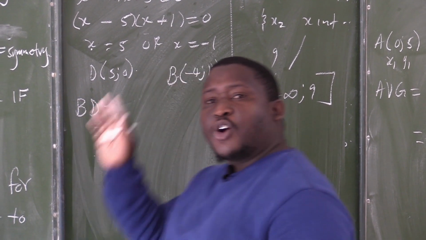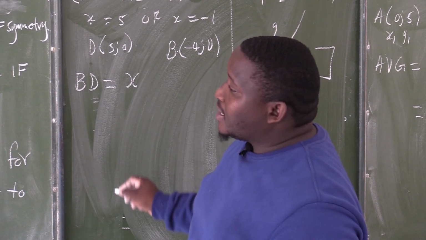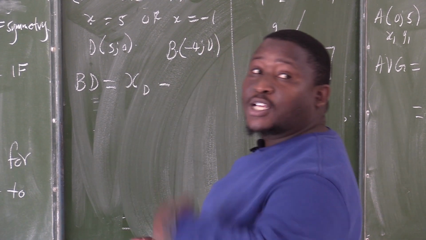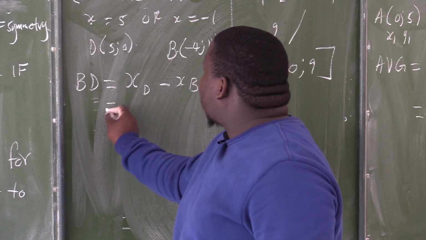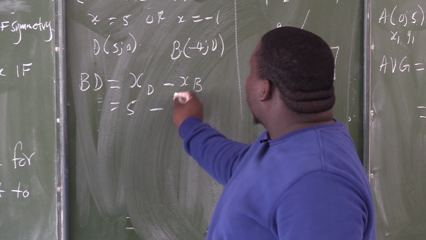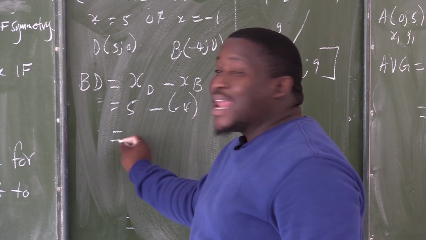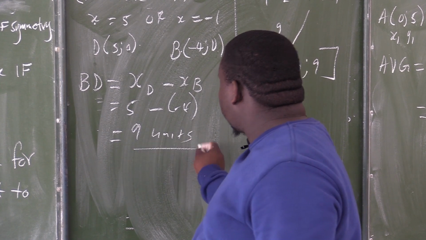You can then say x on my right minus x on my left. I'm saying x on my right, and that is xD, minus x on my left, according to the graph, xB. So what is xD? It's 5 minus, what is xB? It's negative 4. So what is the length of PT? It's going to be a positive 9 units.